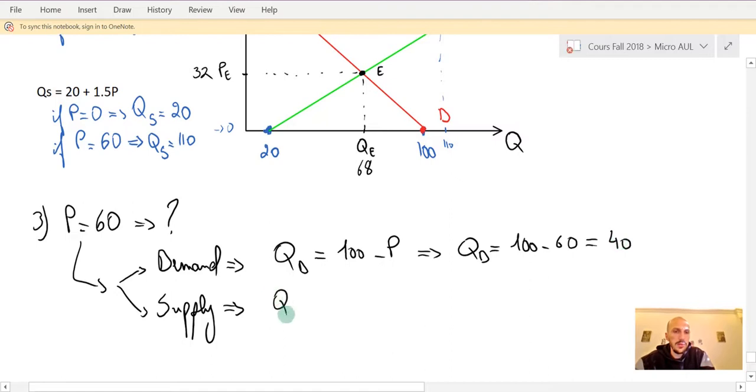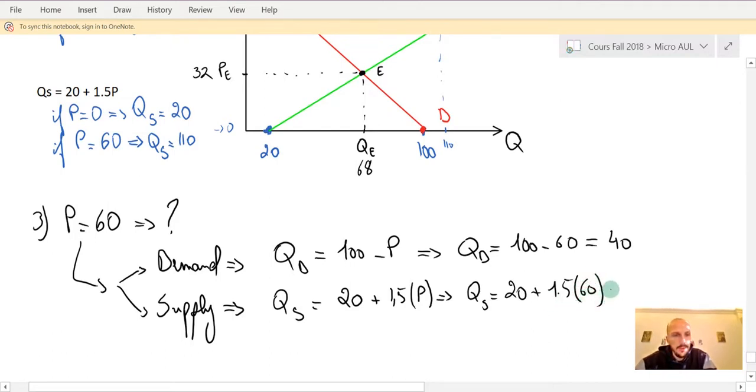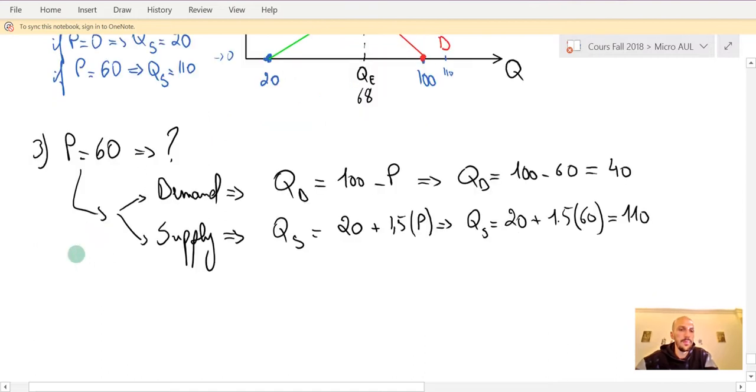We are left with quantity demanded equal 40. And for quantity supplied we had 20 plus 1.5 P. So quantity supplied will be equal to 20 plus 1.5 times the price 60. So here 60 and a half is 90, so 110.